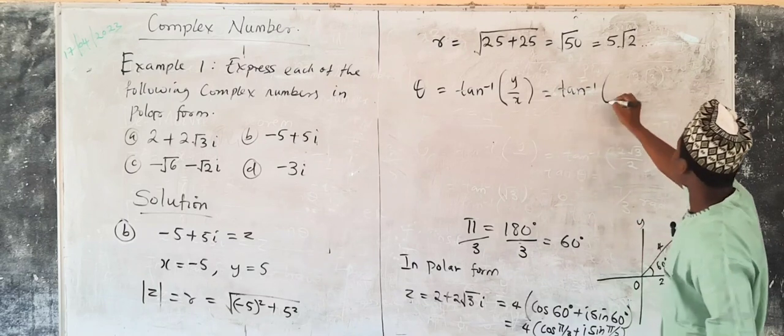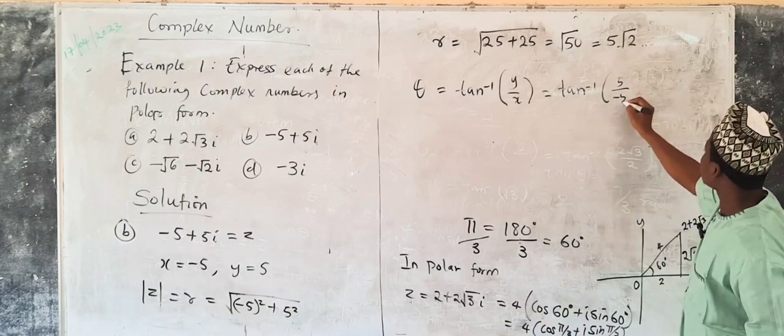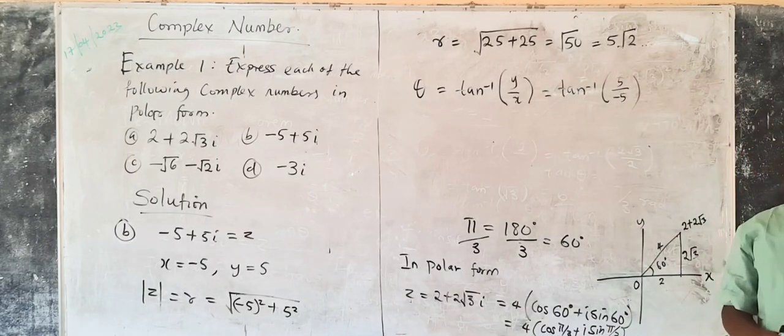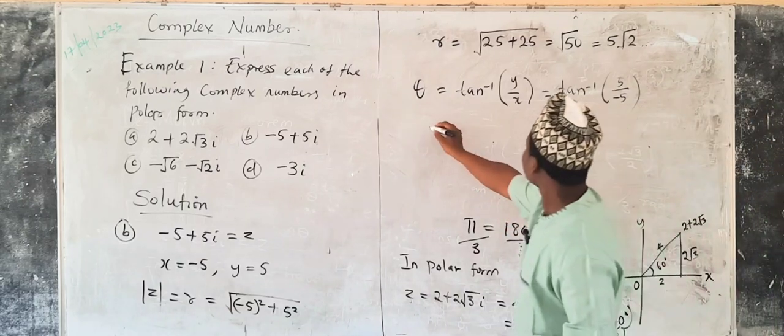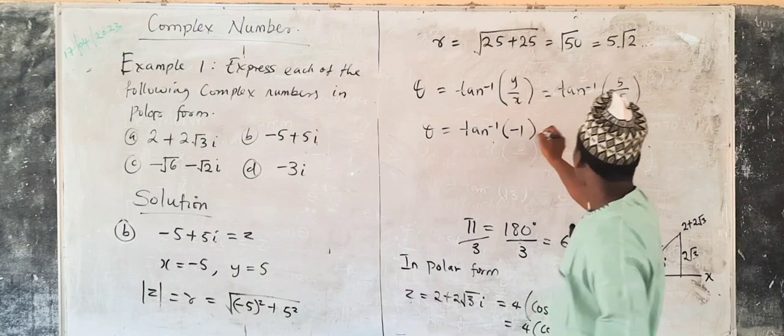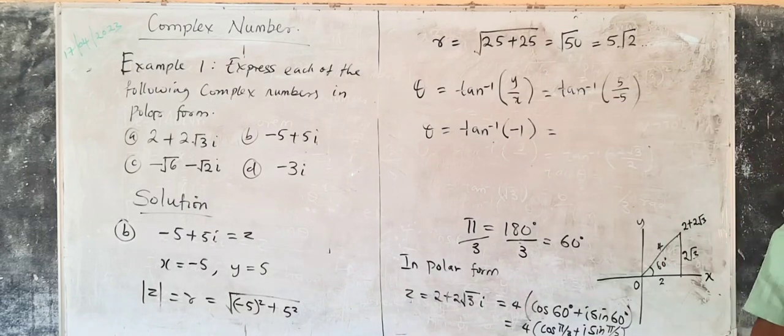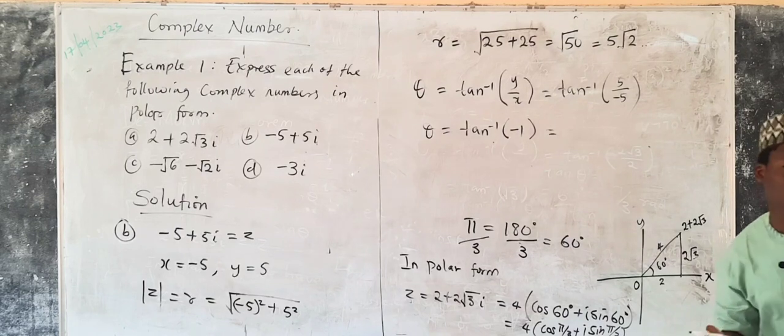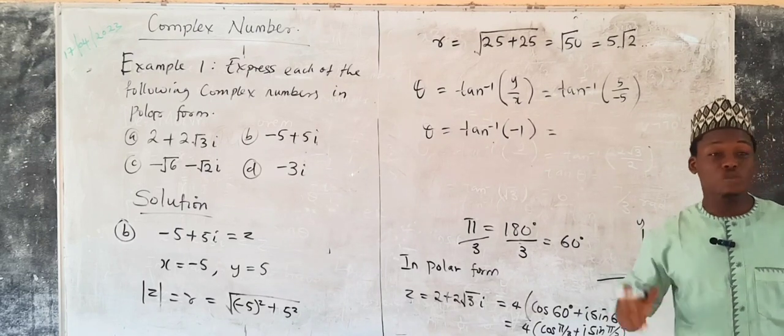Tan inverse of 5 over minus 5. That is minus 1. So theta is equal to tan inverse of minus 1, which is equal to what? If tan inverse of 1 is 45, then tan inverse of minus 1 is minus 45.